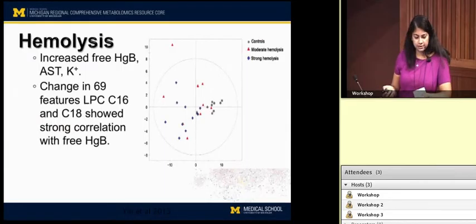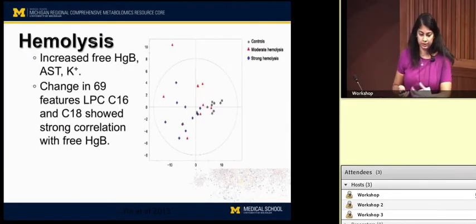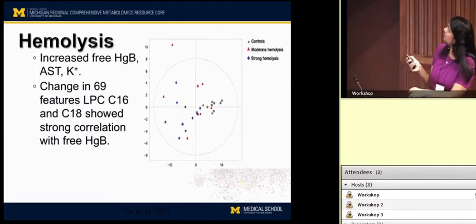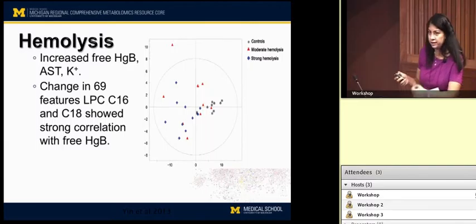How about hemolysis in your samples? As you all know, hemolysis increases the free hemoglobin in your sample. It has correlations with AST and potassium in your sample. When we did hemolysis experiments, this is the published literature I'm showing, where the controls without hemolysis are marked in gray, the blue shows strong hemolysis, and the red shows moderate hemolysis created by aspirating up and down.